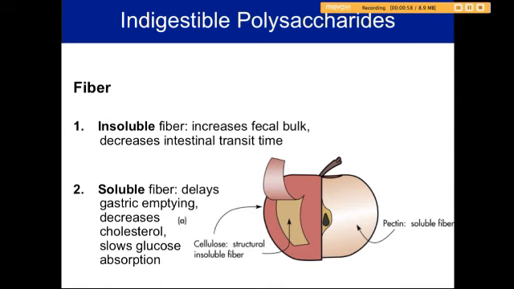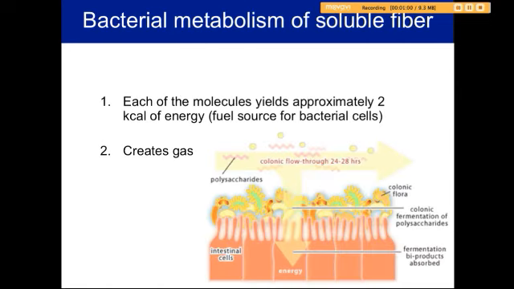So the bacterial flora will feed off the soluble fiber. Each of the molecule will actually yield 2 kilocalories of energy. That energy, though, does not get used by the body. It gets used as a fuel source for the bacterial cells themselves. So in order for the bacteria to stay happy and healthy in your large intestine, it needs to feed off of soluble fiber. It can, though, create gas, as you can imagine what will happen to that gas.